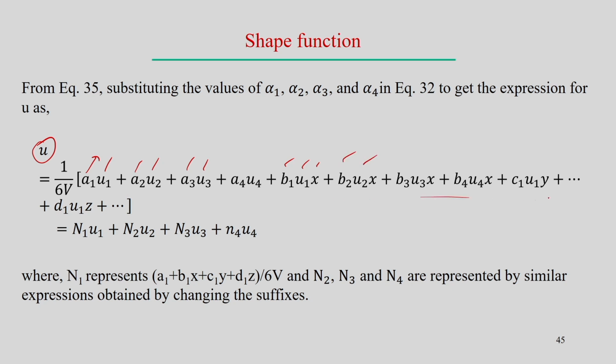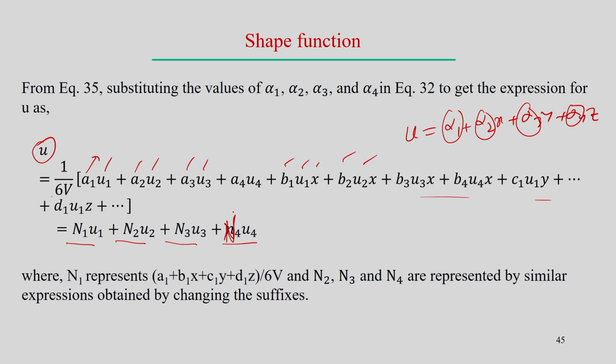If you look into the general expression of u, if you remember, u is basically alpha 1 plus alpha 2 x plus alpha 3 y plus alpha 4 z, and then you replace alpha 1, alpha 2, alpha 3, alpha 4 with the known quantities, and x, y, z are also there. Finally, we represent it in a more generalized way that u can be represented like N1 u1, N2 u2, N3 u3, N4 u4. It should be capital N4 u4.